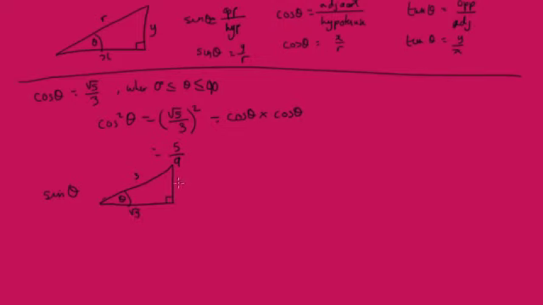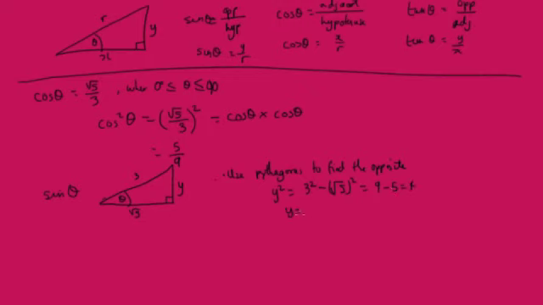So we can find, let's make this y, we can use Pythagoras to find the opposite length. So y squared is going to be 3 squared minus root 5 squared, which is 9 minus 5, which is 4.